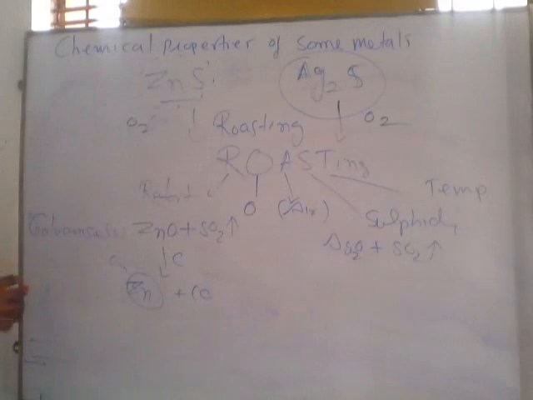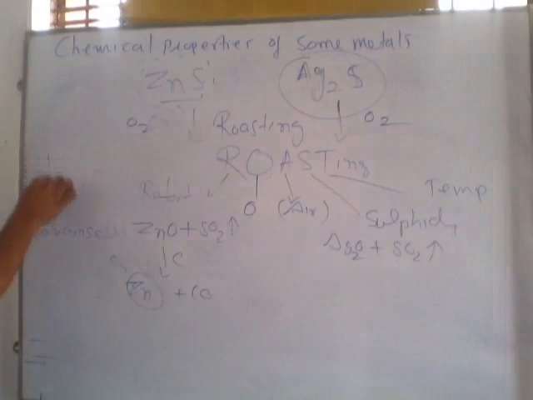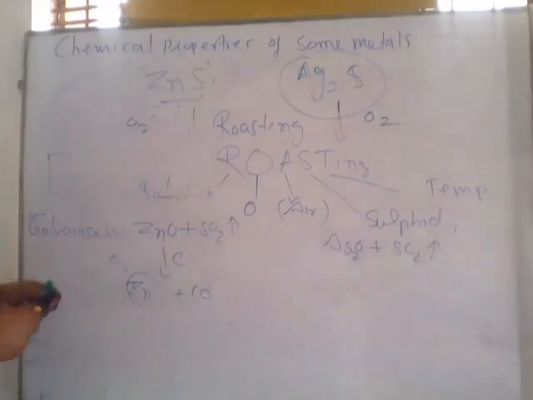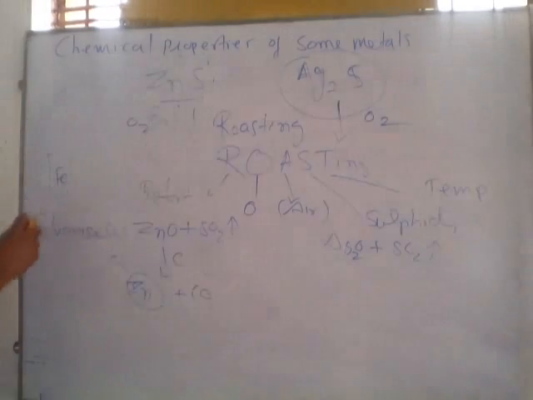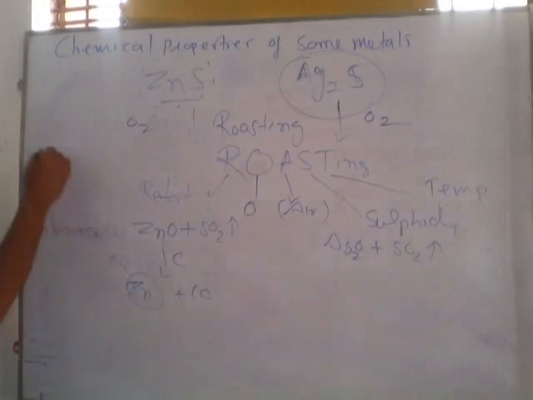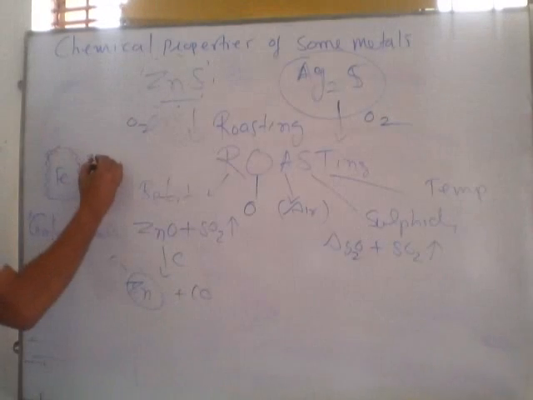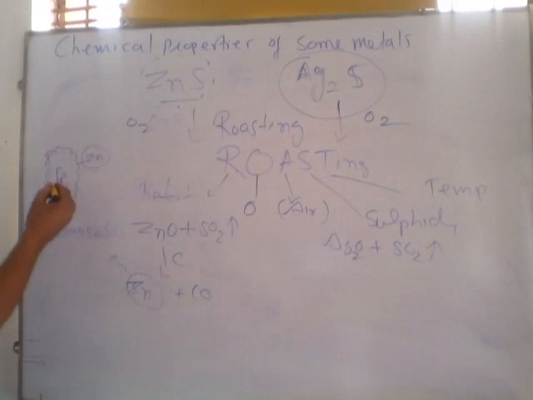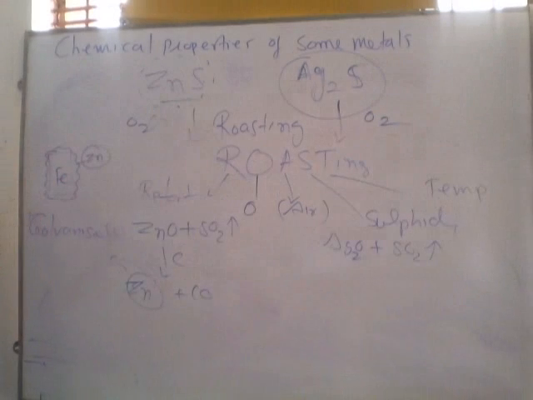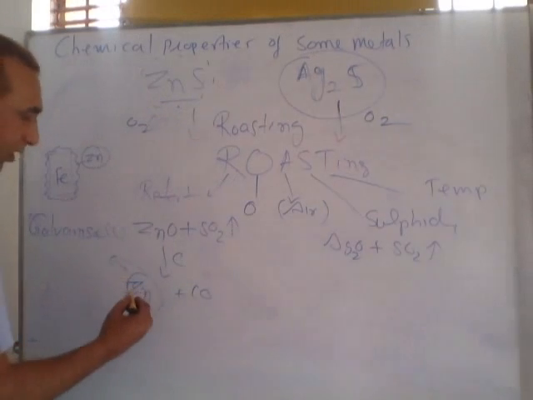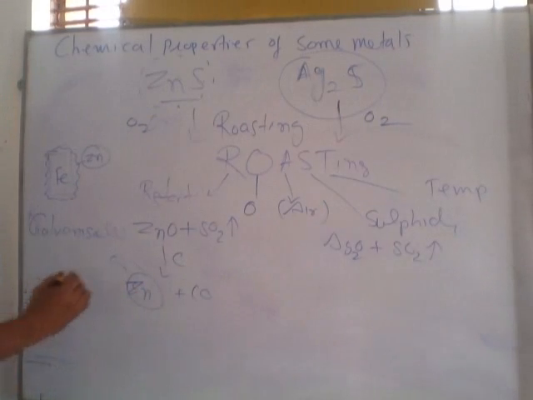Galvanization means we want to protect iron from rusting. So this is iron. For protecting iron, we form a layer around the iron. This layer is of zinc because zinc is more reactive than iron. This process is called galvanization. Galvanization means layering of zinc around the surface of iron.